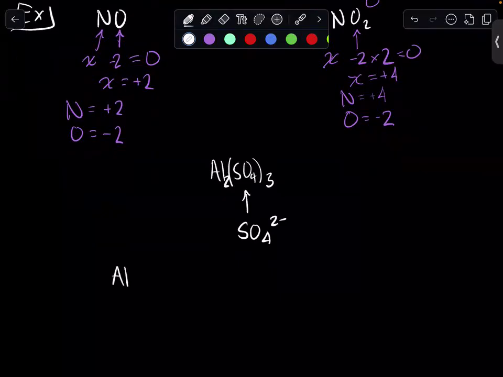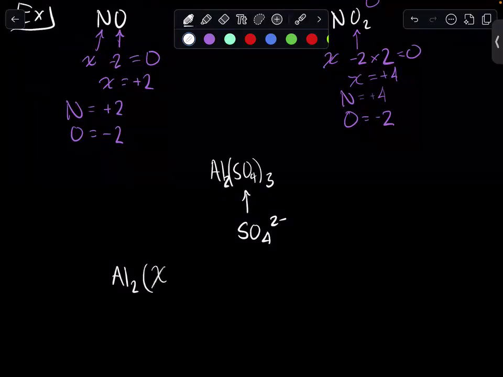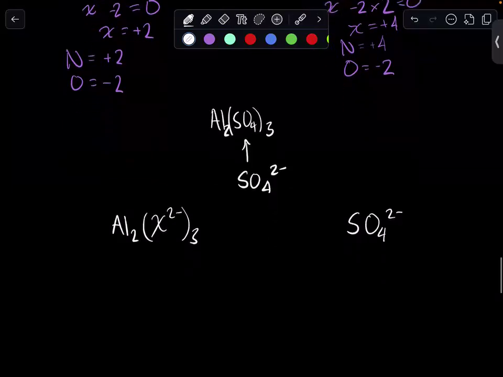I'm going to do aluminum 2 and big X 2-, 3. And then I'm going to do a separate one where I'm just going to do sulfate 2-. So for my first one, this whole compound right here is -2, and we have 3 of them.